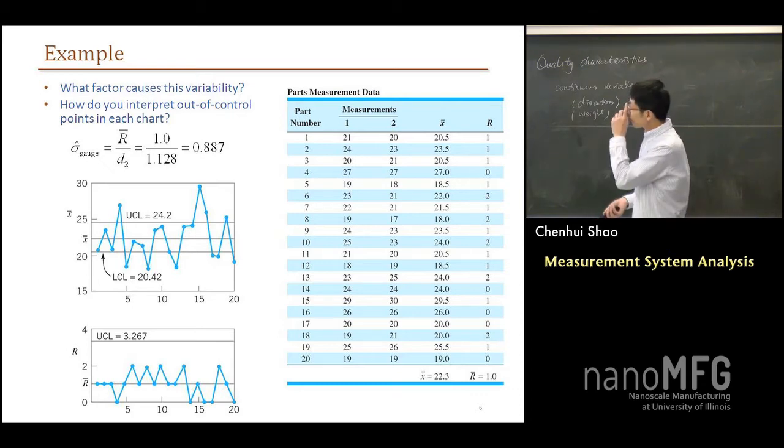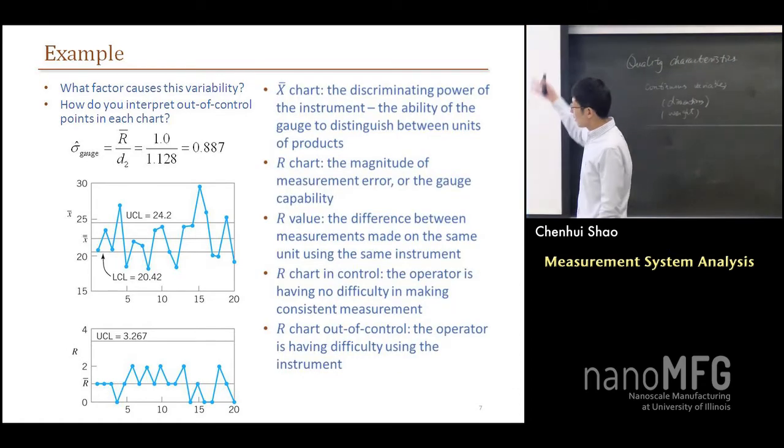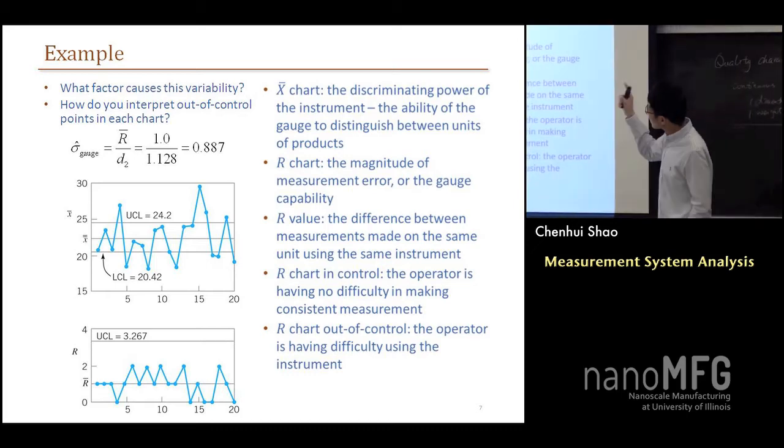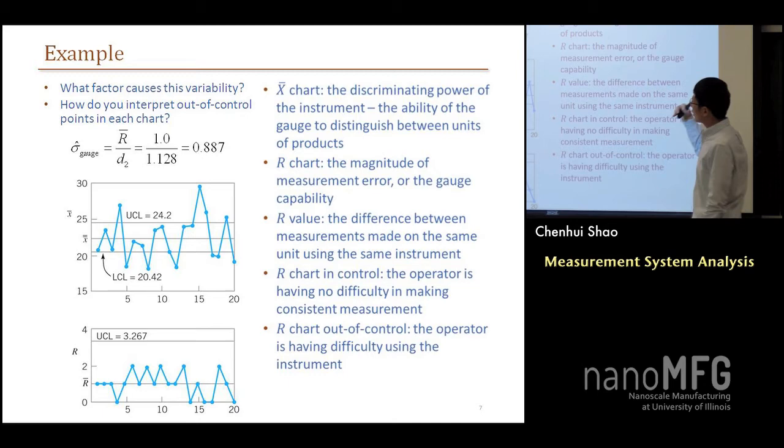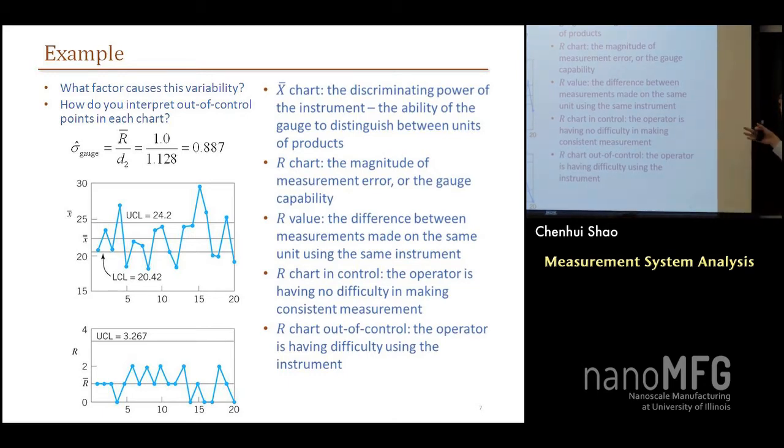So now, let's go through each chart. The X bar chart tells you the discrimination power of the instrument, meaning that for different parts, can they be different in your gauge reading, okay? That's the X bar chart.